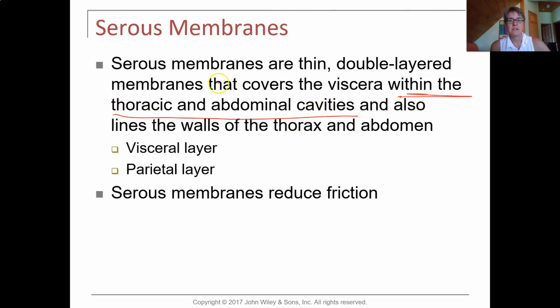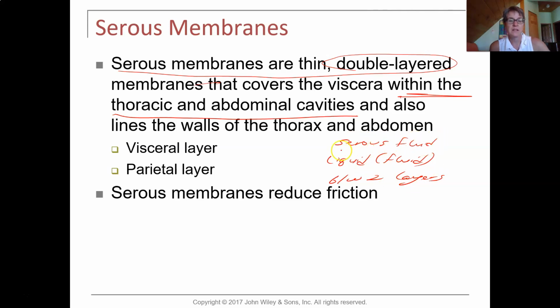In these cavities, a serous membrane is two-layered. So it has two layers with fluid in the middle. Fluid is between the two layers, and this fluid is called serous fluid.